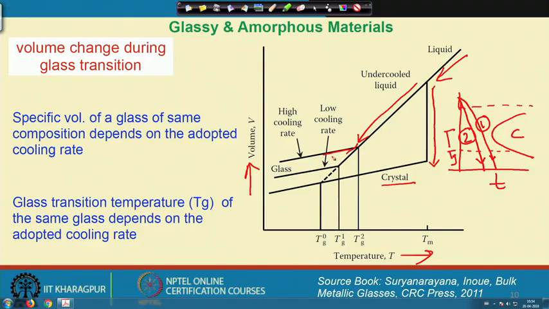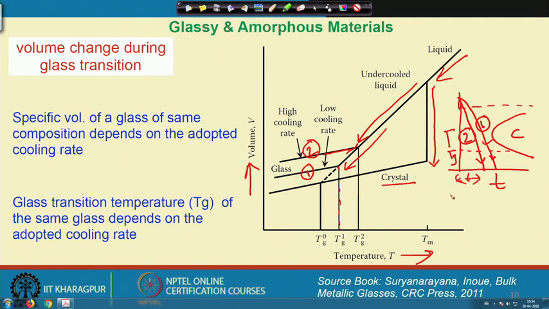You can have a look here that if we cool it much more slowly, like case 1, then glass transition will occur at a much lower temperature than in case 2, where case 2 is a faster cooling rate, because we need less time to cool it down.